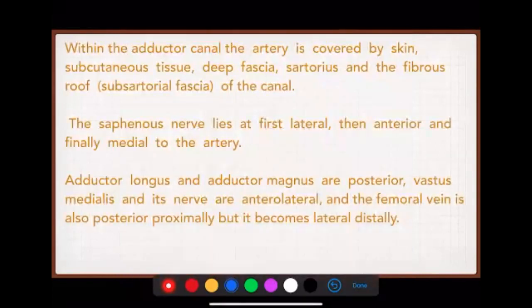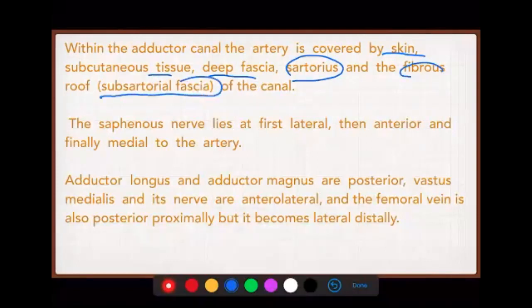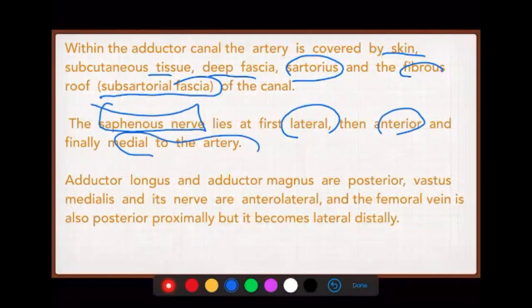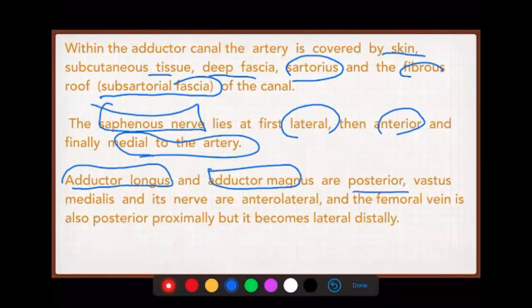Within the adductor canal, the artery is covered by skin, subcutaneous tissue, deep fascia, sartorius, and the fibrous roof, the subsartorial fascia of the canal. The saphenous nerve lies at first lateral, then anterior, and finally medial to the artery. Adductor longus and adductor magnus are posterior, vastus medialis and its nerve are anterolateral, and the femoral vein is posterior proximally but becomes lateral distally.